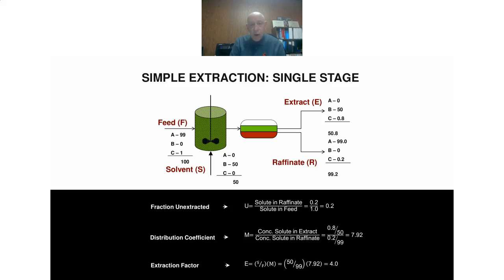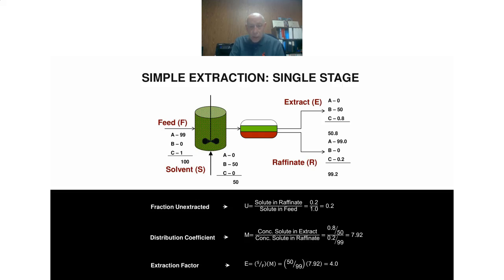Certainly, the fraction unextracted is simply how much does not extract in that one stage at the given solvent to feed ratio that you're using. The distribution coefficient, this is something you want to calculate for almost any liquid extraction process. And that's defined as the concentration of the solute in the extract phase divided by the concentration in the raffinate phase.